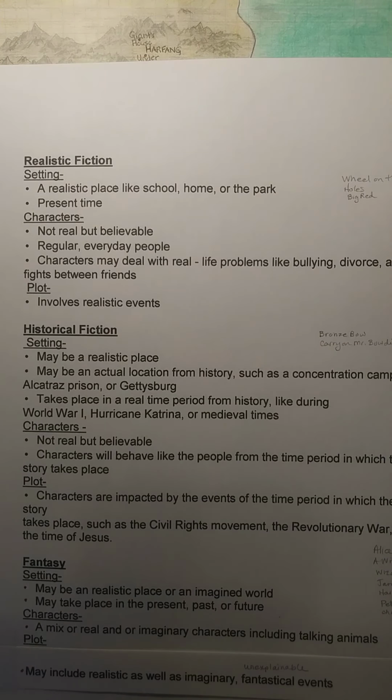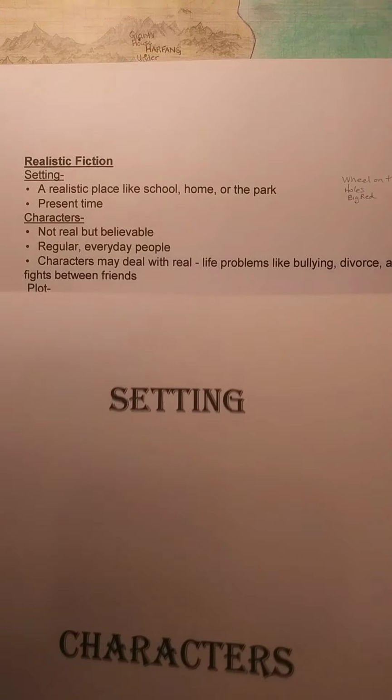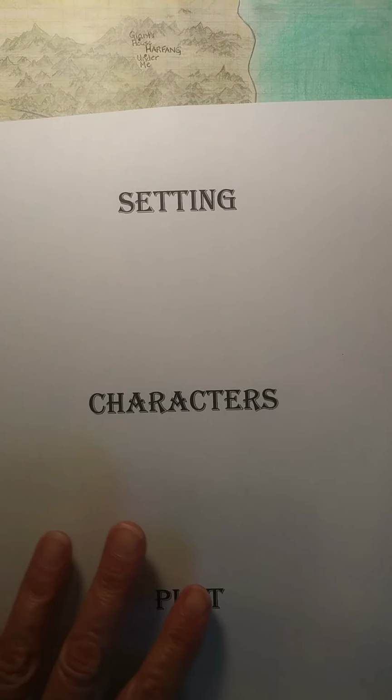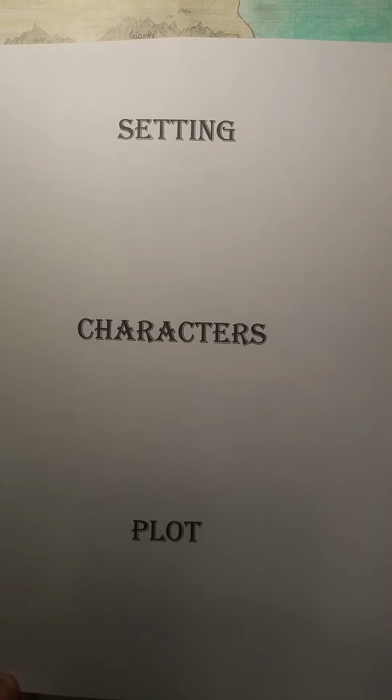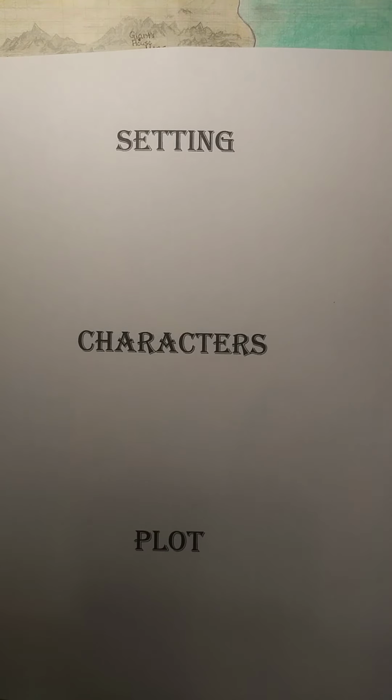Now, literature contains, as you've seen when we do our story charts, a setting, a bunch of characters, and a plot. And plot is the action of the story, what's happening, what goes on in the story. So in realistic fiction, a setting is in a realistic place like a school or a home or the park, kind of like the wheel on the school book that we talked about when we've been marking some of the passages in our TAN book.